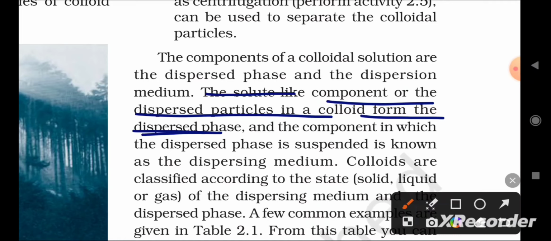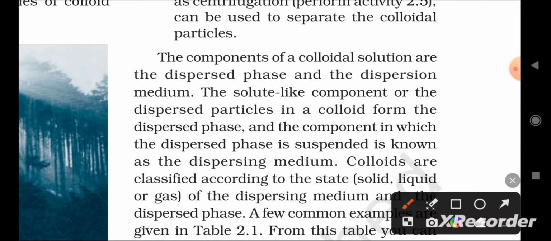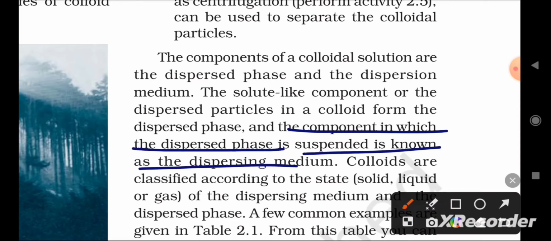Dispersed phase means the particles present in the solution, especially in the colloid. The component in which the dispersed phase is suspended is known as the dispersing medium.